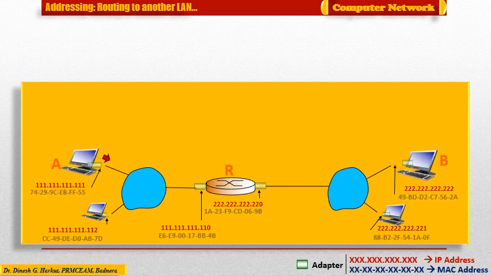Now let us examine how a host on subnet A sends a datagram to a host on subnet B. Specifically, the host having IP address 111.111.111.111 will send a datagram to another host having IP address 222.222.222.222.